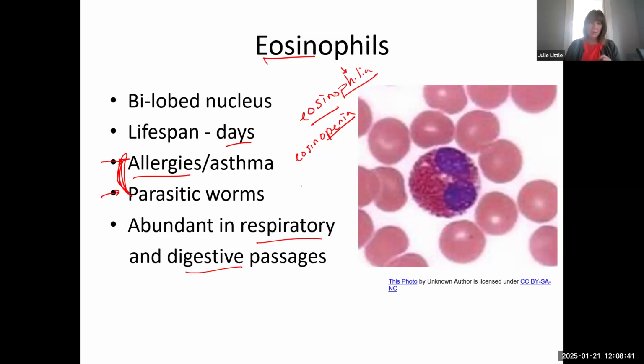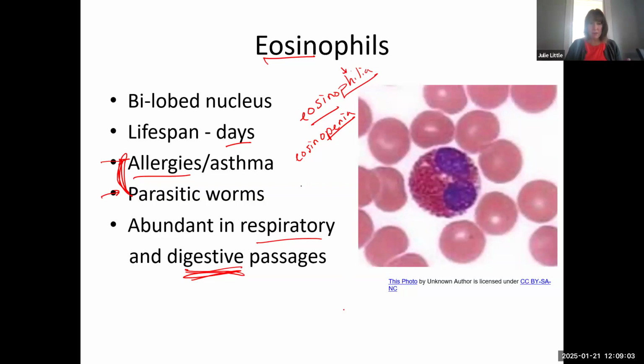However, it's not great if you have a lot of allergies, because they're abundant in the respiratory and digestive passages, it can cause inflammation in these regions. It mediates the asthma attack, the asthma inflammation within those bronchial tubes.